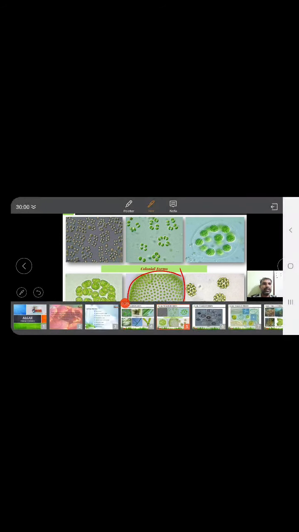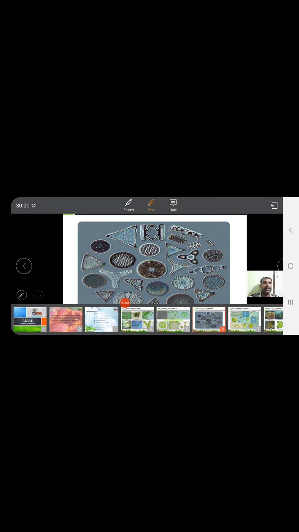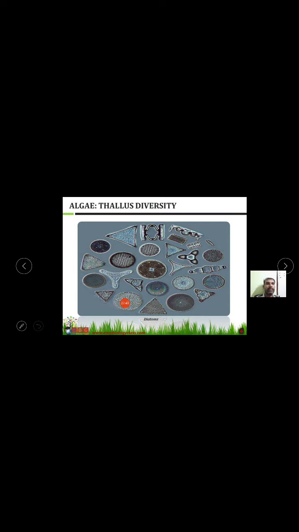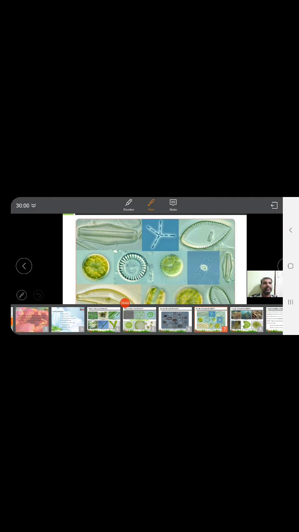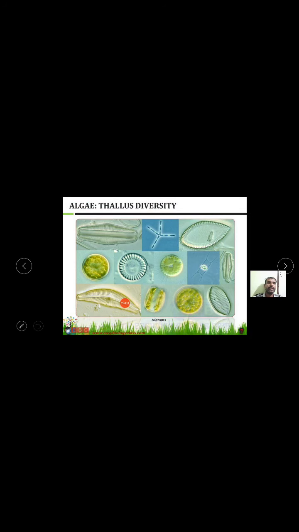And next, these are also different types of algal members, like diatoms, which are shaped like a triangle or spindle-shaped. These are spindle-shaped, this is triangle-shaped, and this is like Volvox, which is a coenobium structure. This is the diatom structure. Now, these also belong to diatoms.